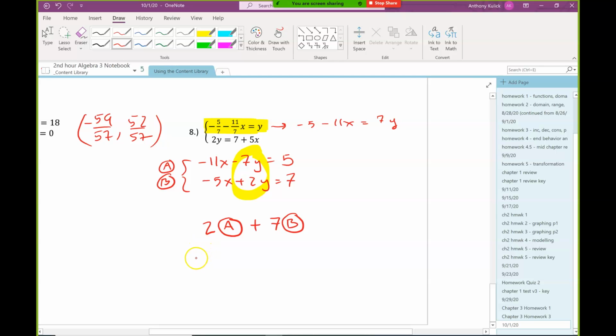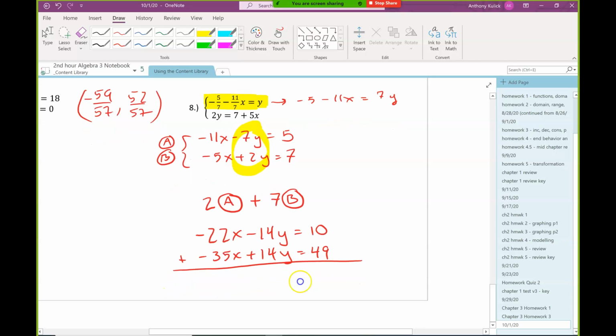So when I multiply all of equation A by the number 2, 11 times 2 is 22. 7 times 2 is 14. And 5 times 2 is 10. And when I multiply all of equation B by 7, 5 times 7 is 35. 2 times 7 is 14. And 7 times 7 is 49.